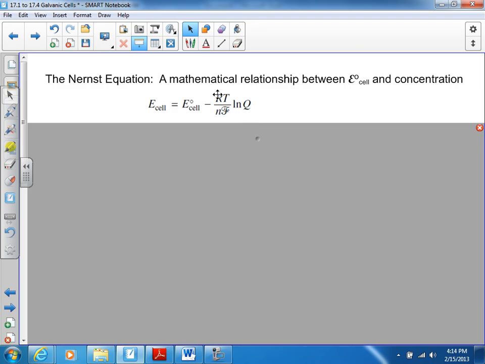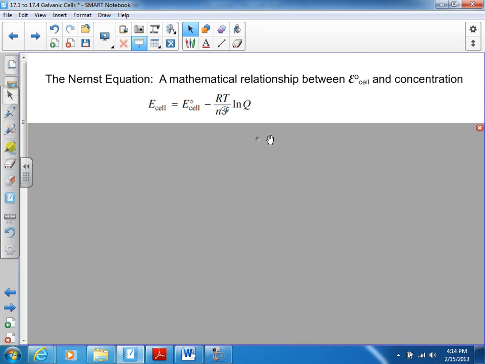R is the gas constant, and we always use R as 8.314 joules per mole Kelvin, because this is an energy unit and R is in joules. We need an energy unit, so we use the joules, not the atmospheres. N is moles of electrons. F is Faraday's constant. Q is the Q from equilibrium.